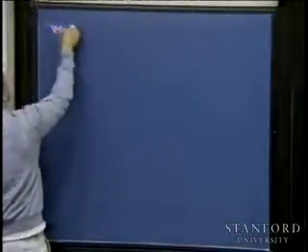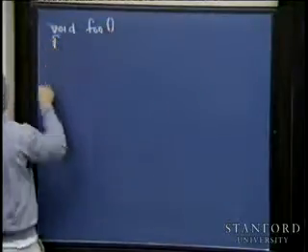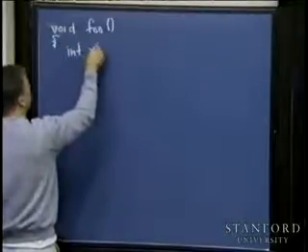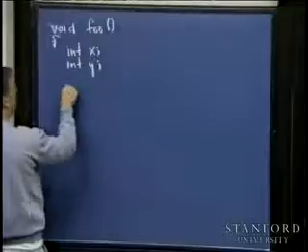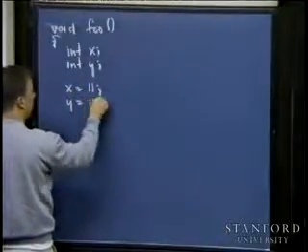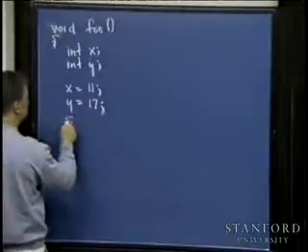A void function. I just want to say foo, and I'll concern myself with the allocation of two local variables. I'll set x equal to 11. I'll set y equal to 17, and then I'm going to call this swap function.